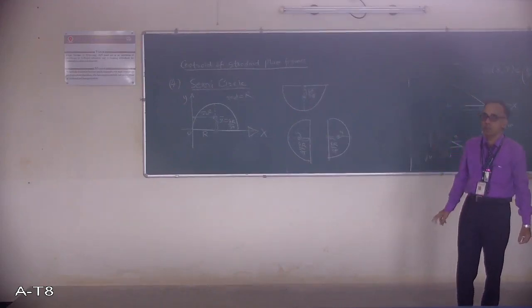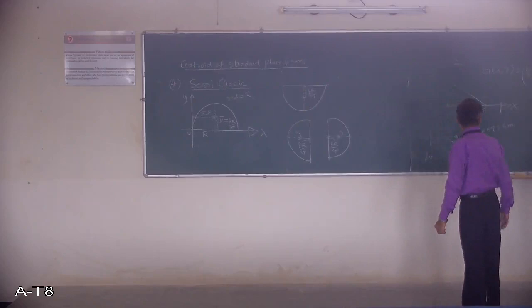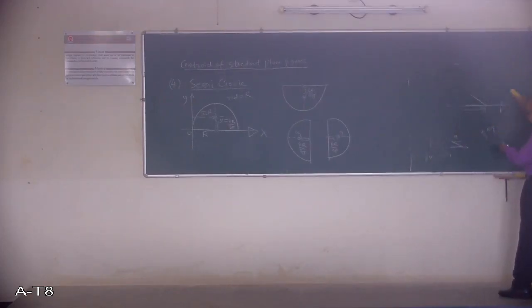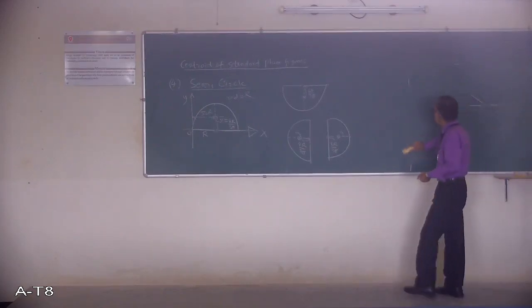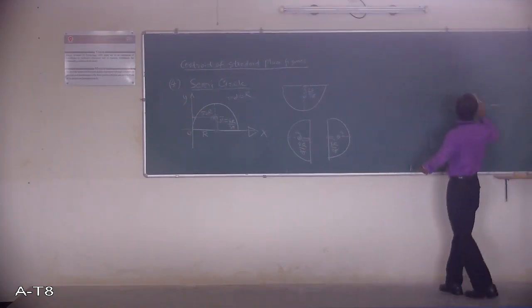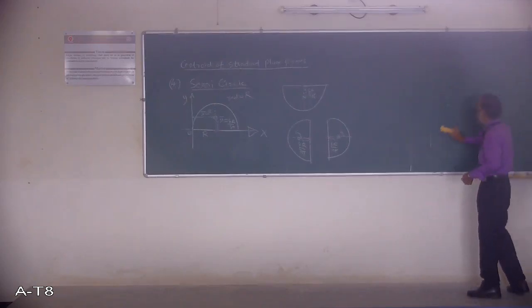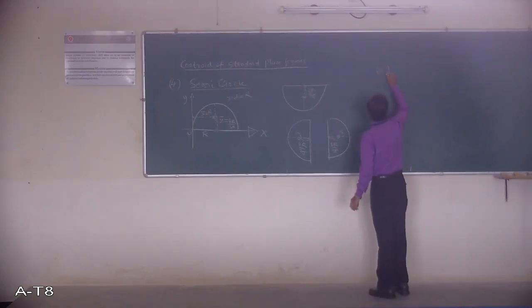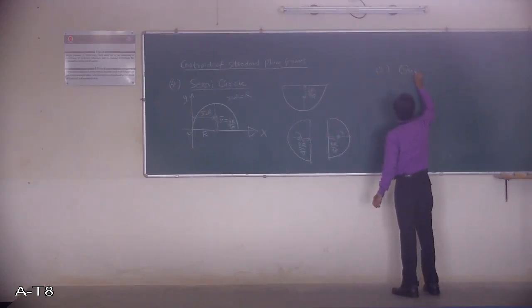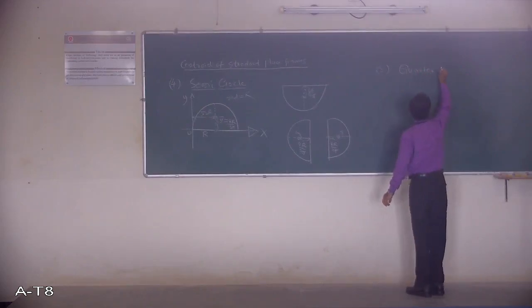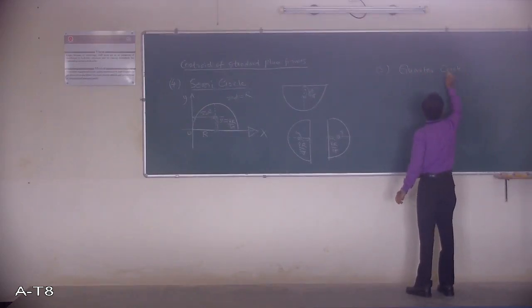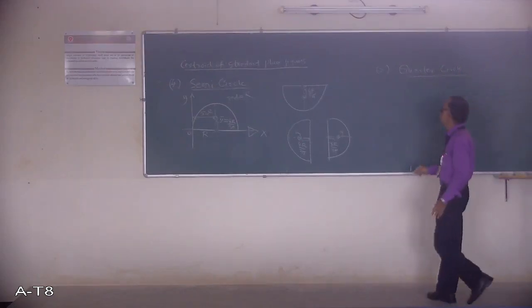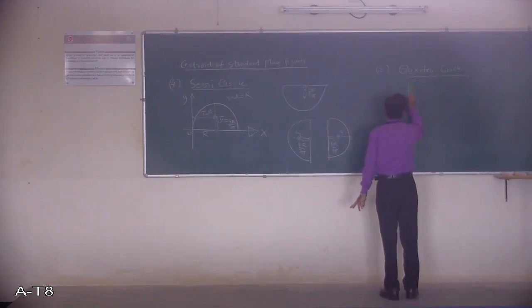Next, I will come to the quarter circle. A quarter circle means exactly 1/4 of a circle. I will draw the figure here.